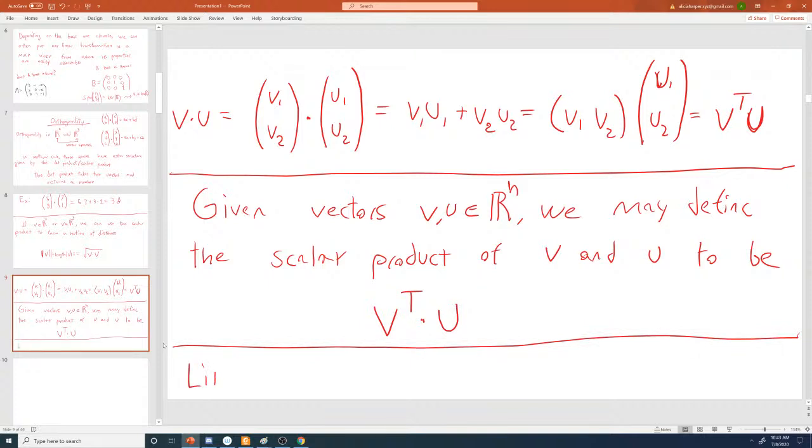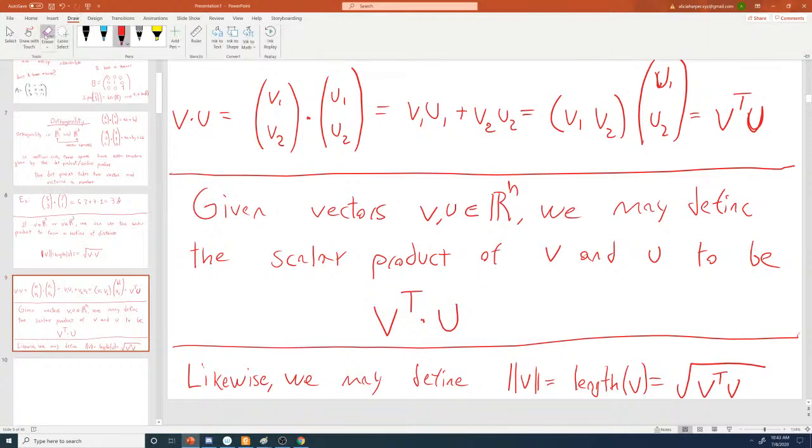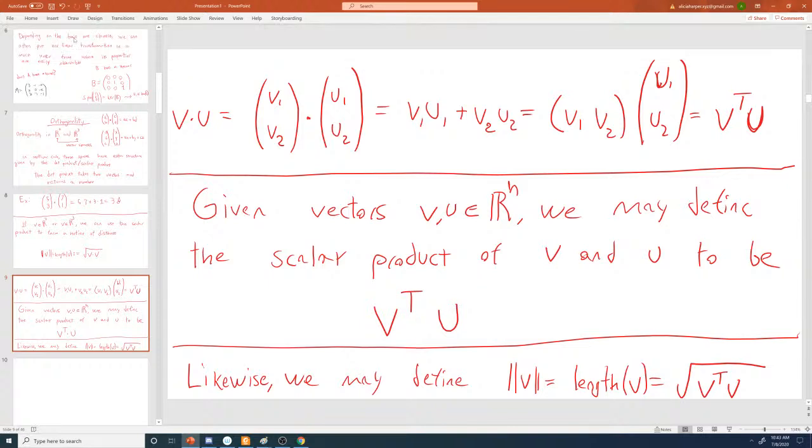Likewise, we may define the length of v to be equal to the square root of v transpose matrix multiplied with v. So this is how we can conceive of a scalar product in an arbitrary real dimensional vector space.